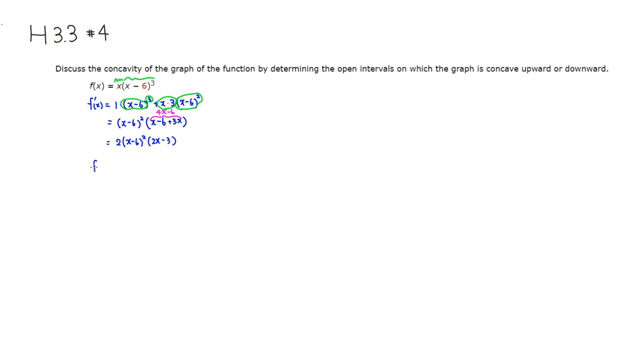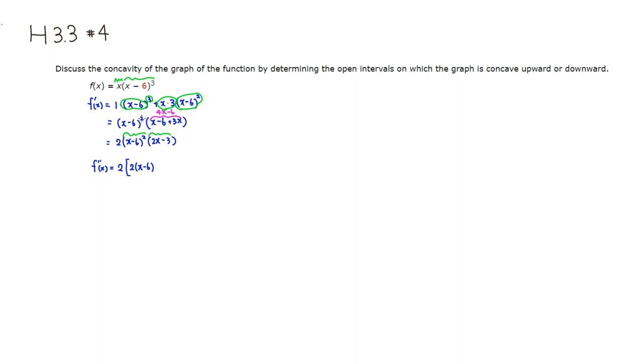f double prime of x. 2 is a constant, so I'll leave this guy alone. Then we're going to take the derivative using the product rule again. This is our first guy, this is our second guy. The derivative of the first guy is 2 times quantity x minus 6, subtracting 1 from the power, which is 1, multiplied by the derivative inside, which is 1.